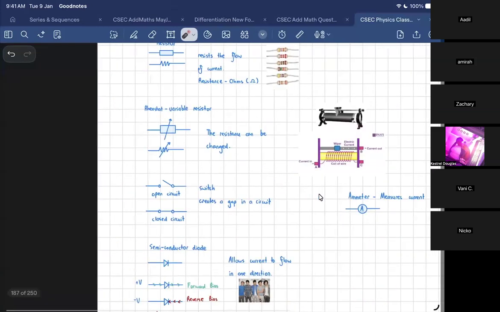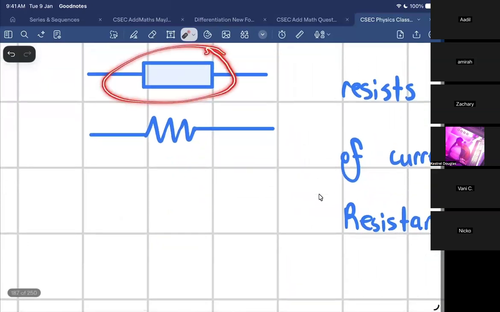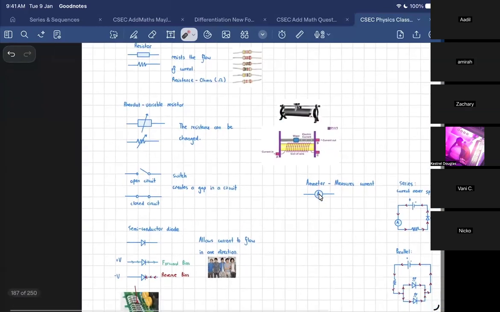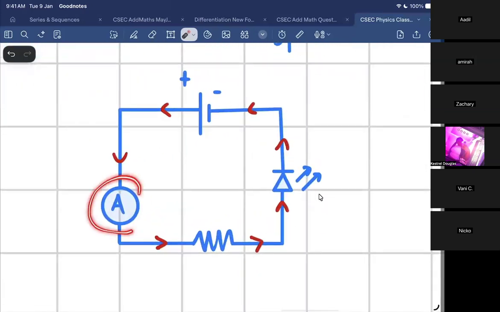So Adil, what's the name of this? A resistor. And this? Are they the same thing? Same thing. Cool. Now, do you know what this is? No. All right. Anybody want to tell Adil what this is? An ammeter.